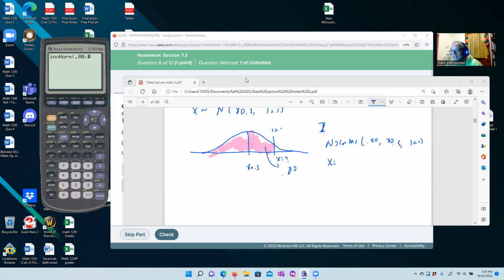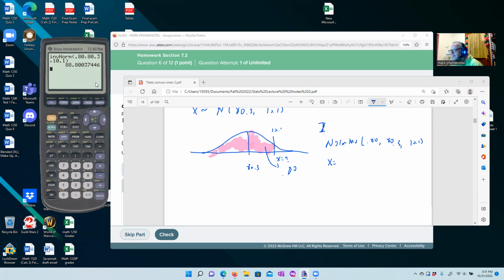We want it centered at 80.3, and then we want the spread, the standard deviation, to be 10.1. Hit enter. And we got, you need a blood pressure of 88.8.